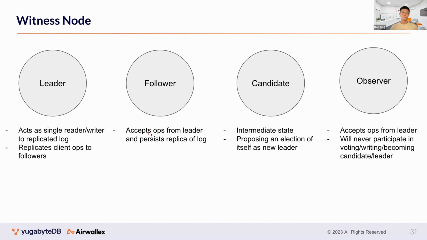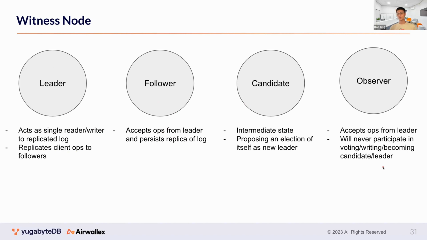The follower will just accept the operations from the leader and persist the replica of the log. In case the leader goes down, the follower will go into the state of a candidate, and it will propose an election of the new leader. One of the followers will do that.